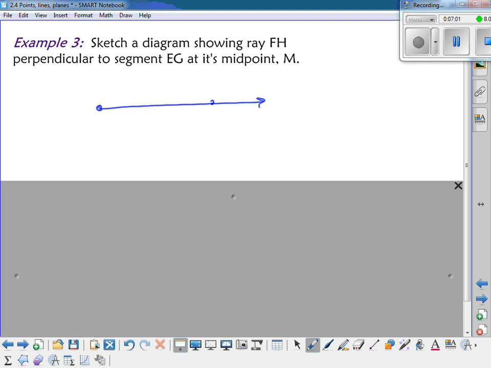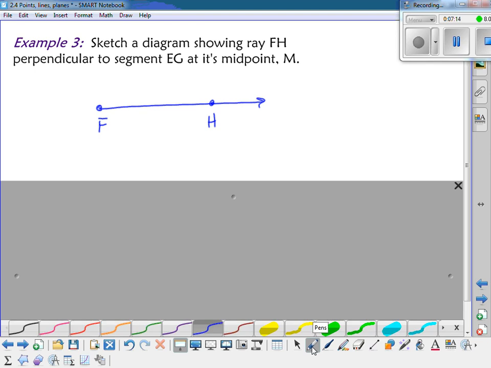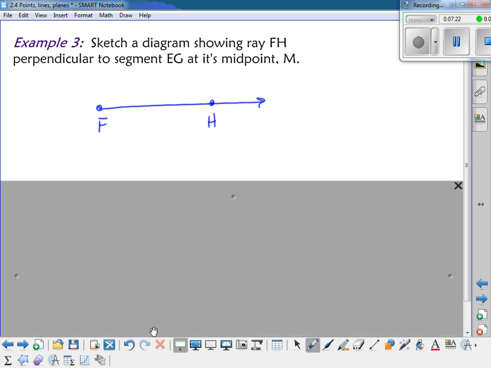Because of the order that the letters are written in, I know F is the endpoint and H is another point on the ray. And it is perpendicular to segment EG. So I'm going to draw another segment perpendicular at its midpoint. It's not the midpoint of FH necessarily, but it is going to be the midpoint of EG.